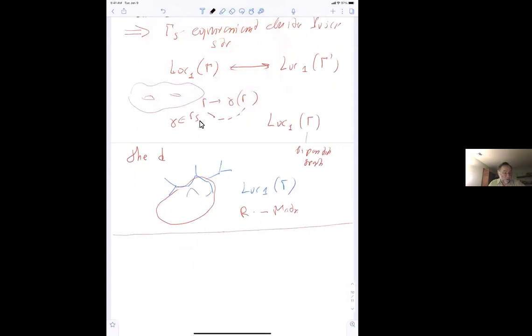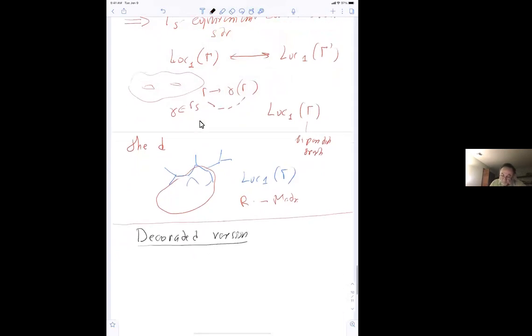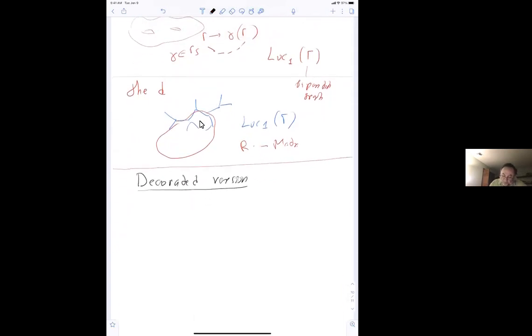I wanted to explain the same story in the decorated version. When I say decorated version, first of all, let's suppose that we're talking about triples of flags, just to give you some idea.